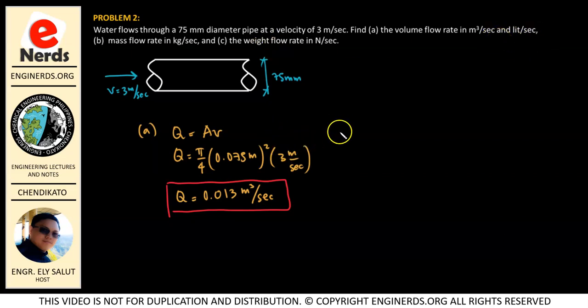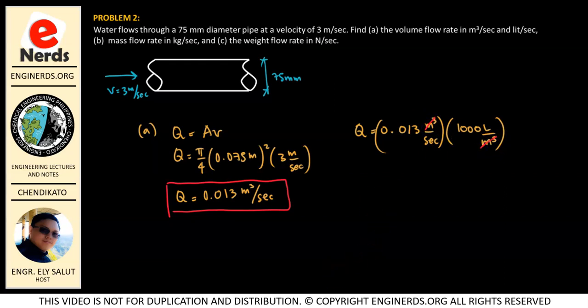Okay, so our Q, which is 0.013 cubic meters per second, we're going to multiply this by our conversion factor, which is 1000 liters per cubic meter. So our cubic meter sign here will be cancelled out.